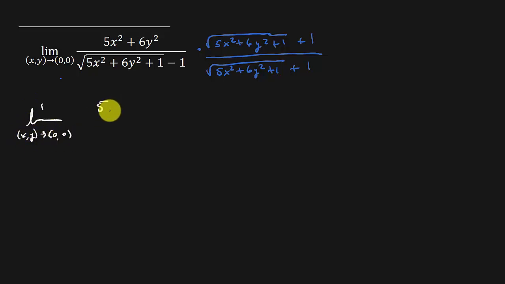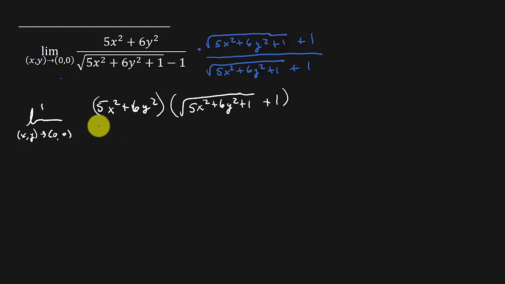And the numerator, there's really nothing we can do with it, so it's going to be this times that square root plus 1, the square root of 5x squared plus 6y squared plus 1, and then plus 1.